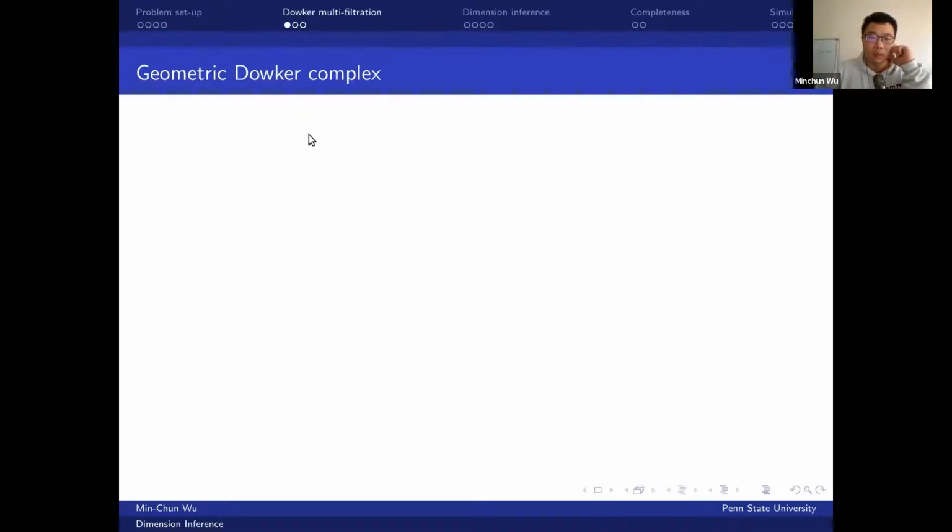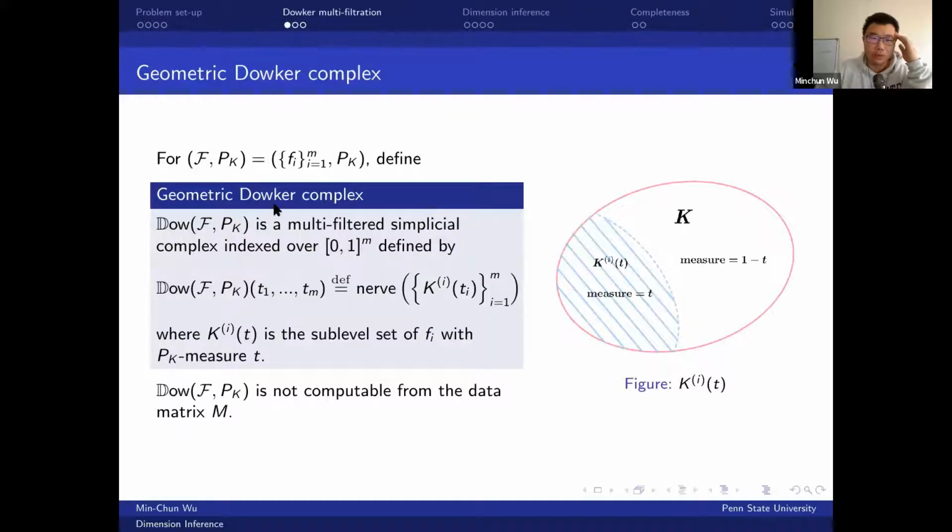The main thing we use is motivated by the Dowker complex of relations, and let me define our version here. Suppose we start with a regular pair, and then we define the following Dowker complex. We call it the geometric Dowker complex. This geometric Dowker complex is a multi-filtration simplicial complex indexed over [0,1]^n.